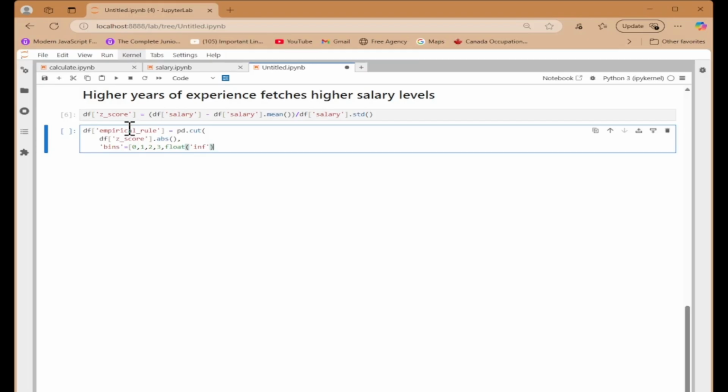Okay, let's close that and let's set some labels.